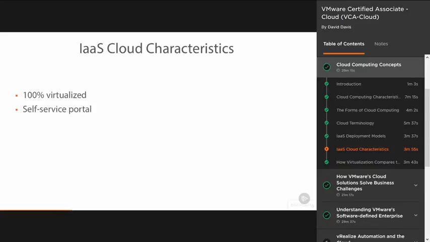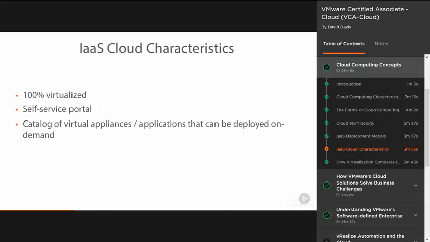Speaking of those applications, the cloud should provide you some sort of catalog of virtual appliances or applications that can be deployed on demand, as I said, within minutes. The cloud should provide service level agreements, or SLAs, with the business, whether it's a private cloud or a public cloud, to ensure that the cloud is meeting the needs of the business.